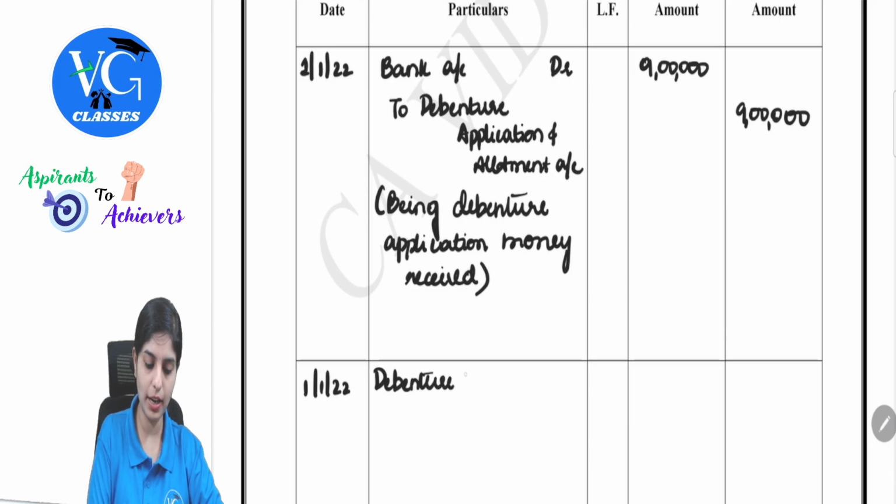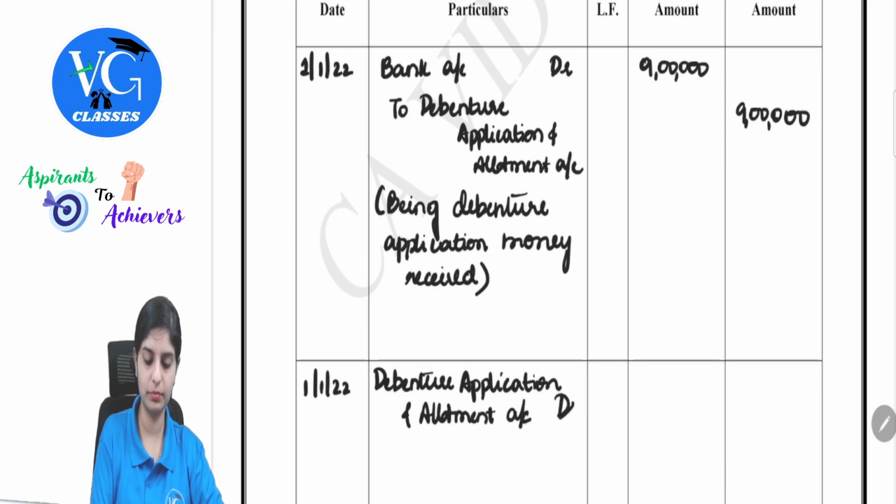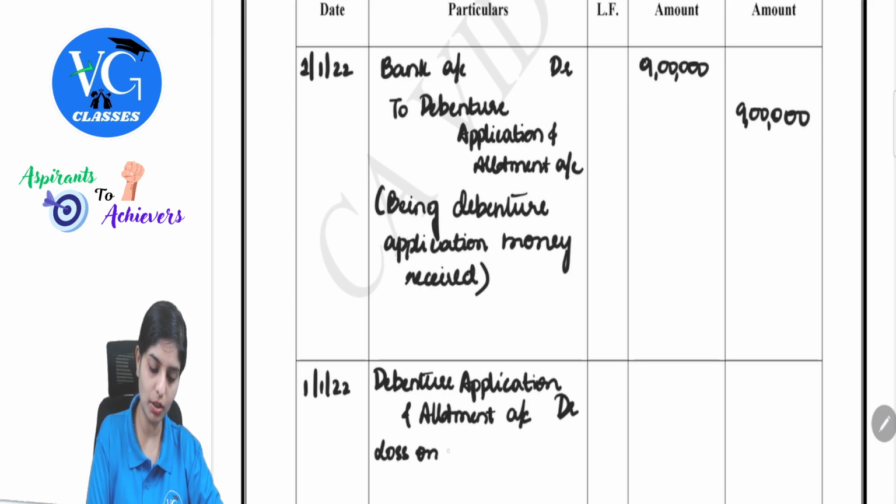Debenture application and allotment account debit. There is discount on issue, so loss on issue of debentures.